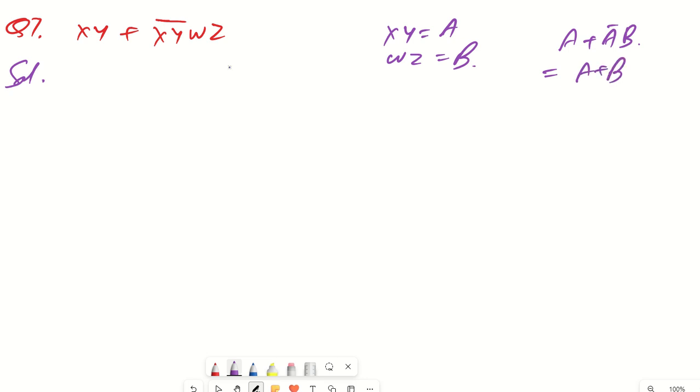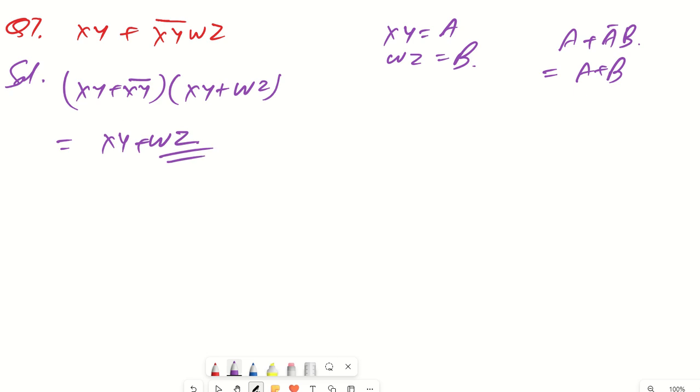Otherwise, if you do not know, then also these two can be considered single terms, and we can write it down as xy plus xy bar into xy plus wz. And you know that A plus A bar is 1, so xy plus xy bar will be 1. So in that case, we are going to get xy plus wz. So instead of giving this straightforward A plus A bar B, they are making A a composite term of x and y. Alright.